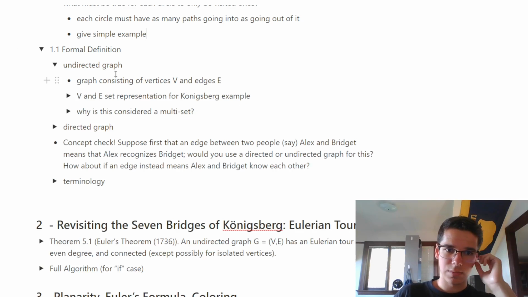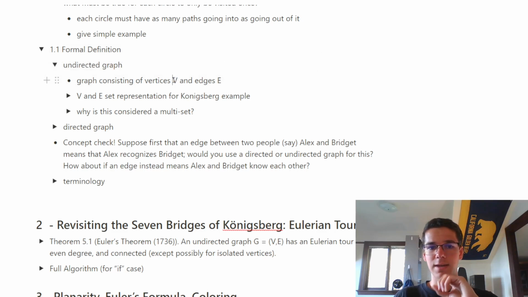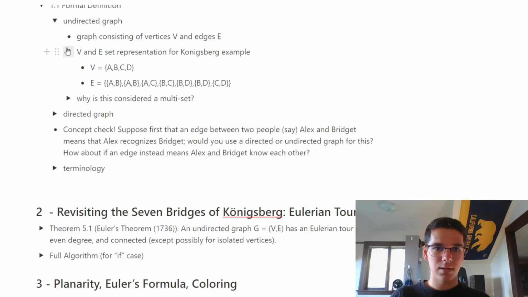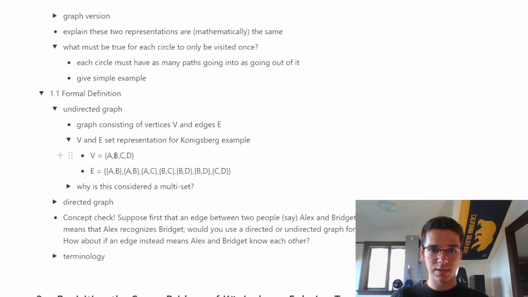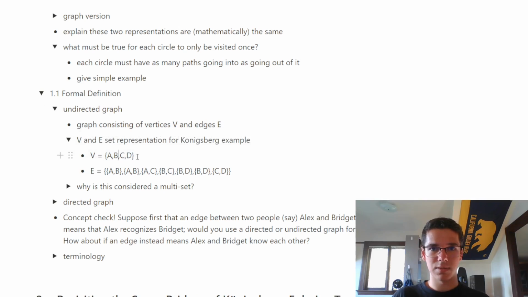So, we're going to label the set of vertices in a graph as V. Capital V represents a set of vertices, and then capital E represents the set of edges.